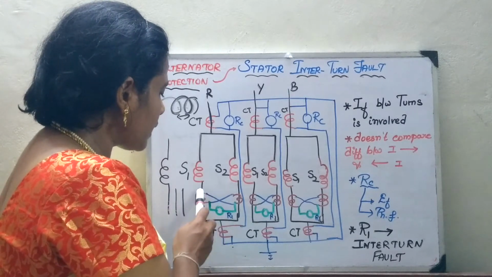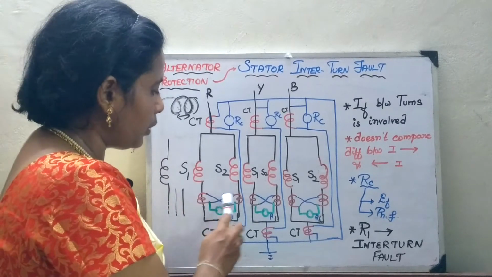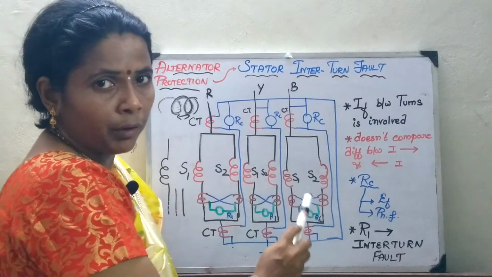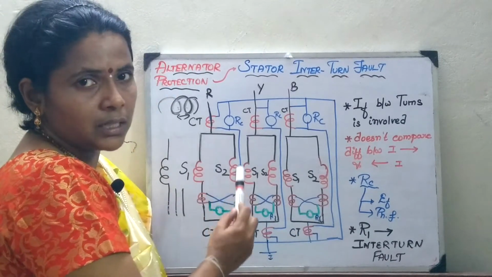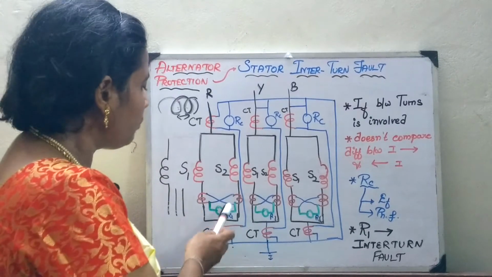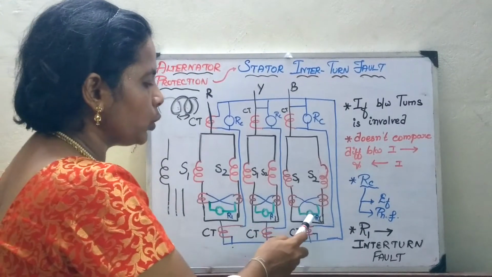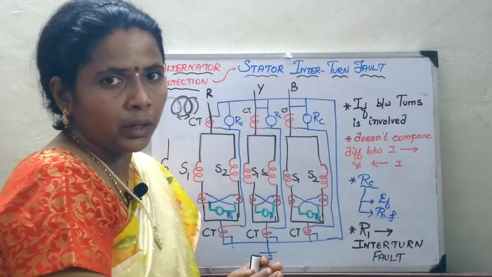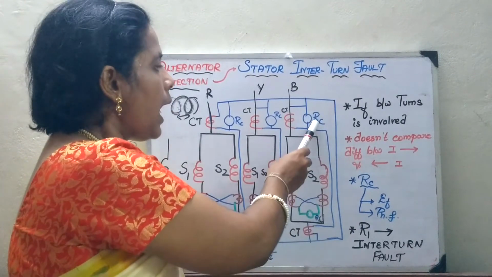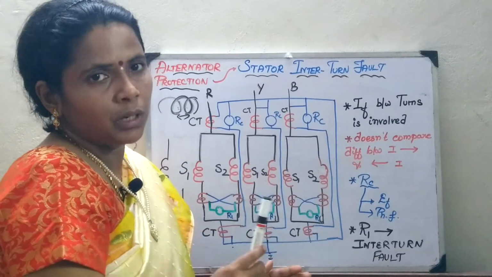Under normal condition the current will not flow through the relay and the relay will remain inoperative. Whenever a fault occurs between the interturns, which creates local heating, a differential current will flow through the relay and the relay R1 will operate. So R1 is used for your interturn fault, whereas your RC is used for your merz-price fault.